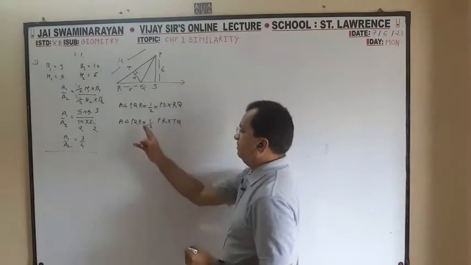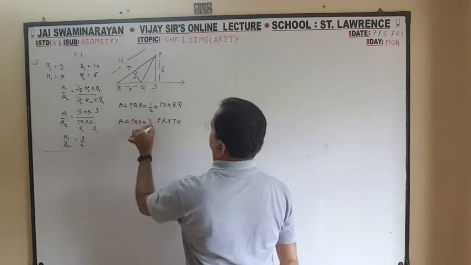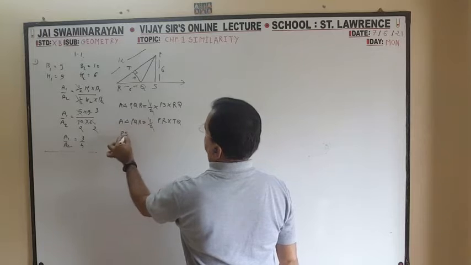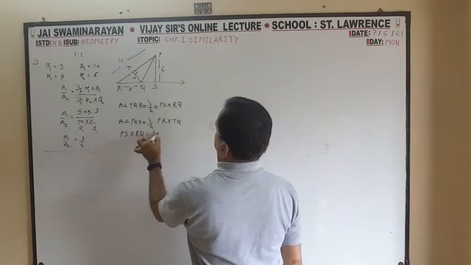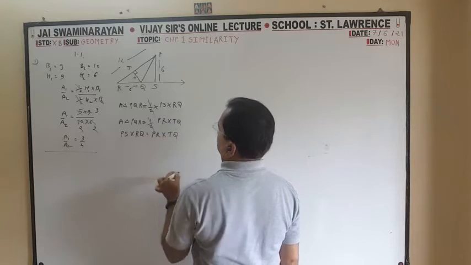Both are the area of the same triangle PQR. That's why the half cancels. So PS into RQ equals PR into TQ.